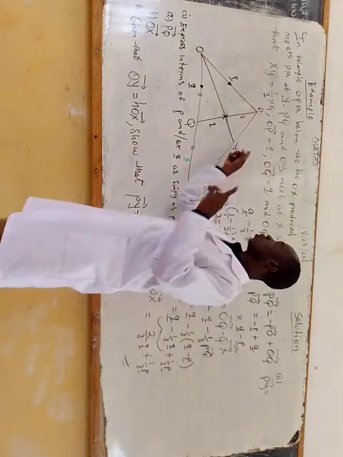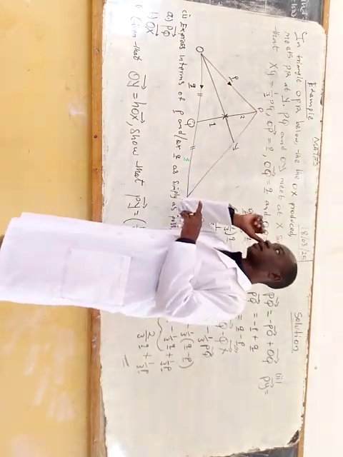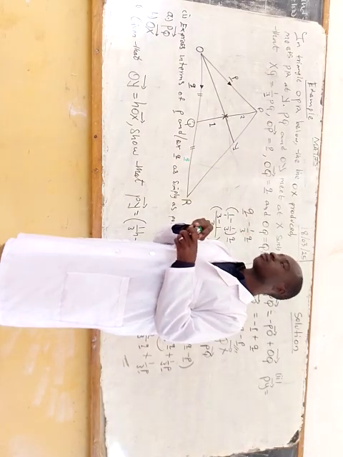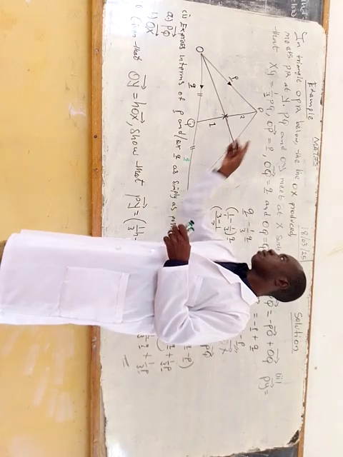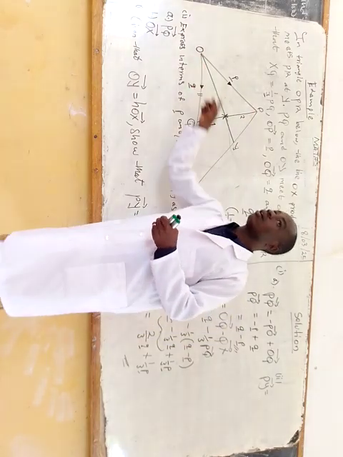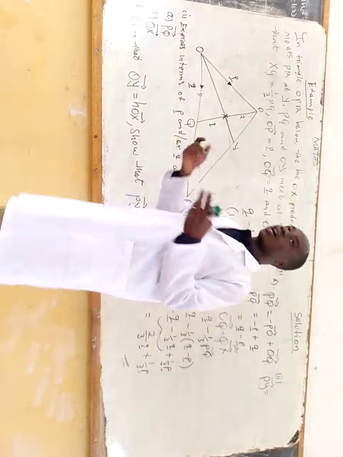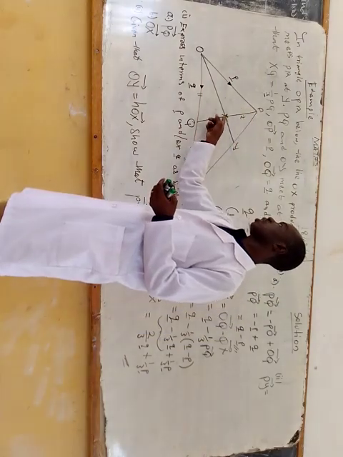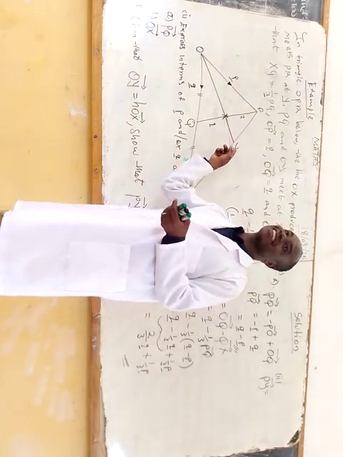We want to move from P to go to Y, but there is no direct path there. So P to O, then O to Y. And I know some of you can say, what if we just move P to X, then X to Y?